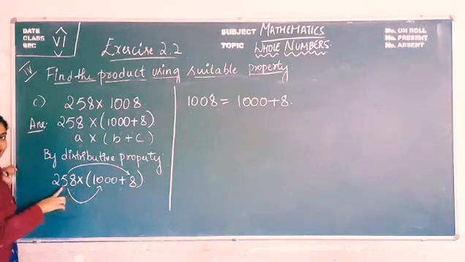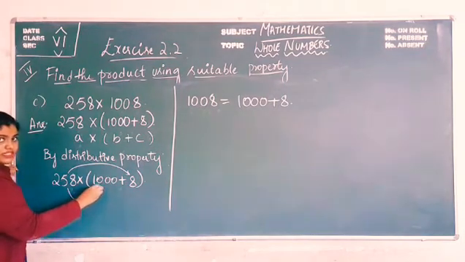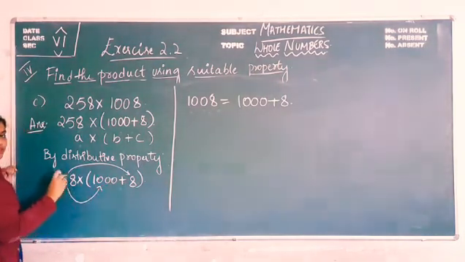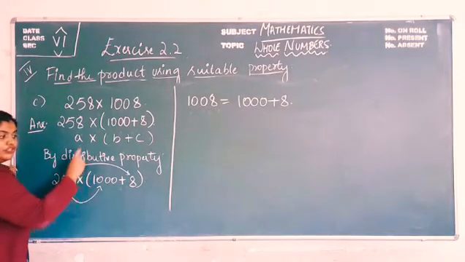So first we multiply 258 into 1000, then we write plus, then we multiply 258 into 8.